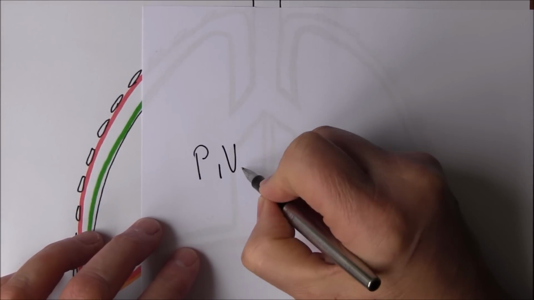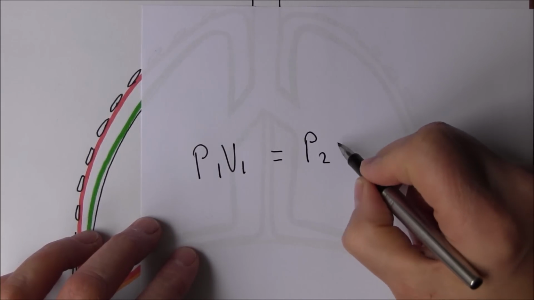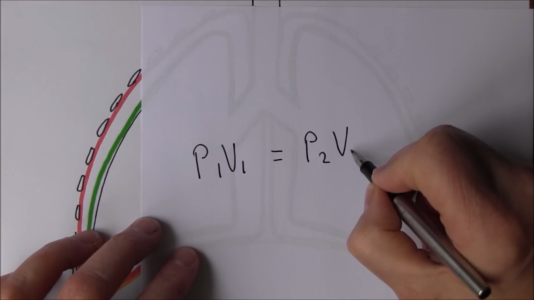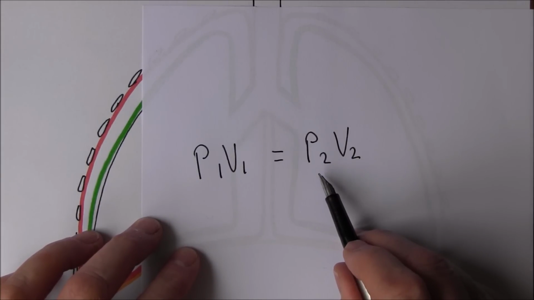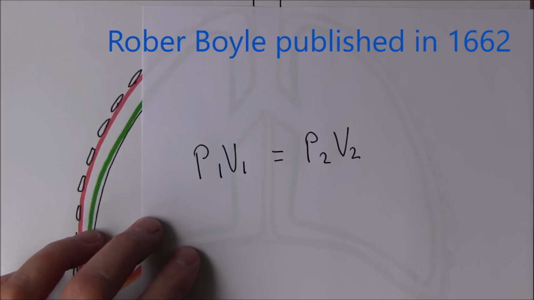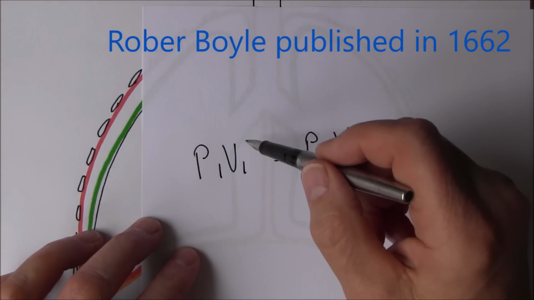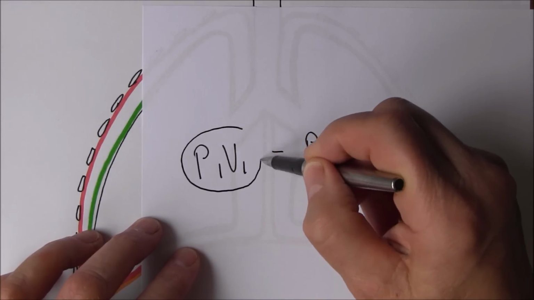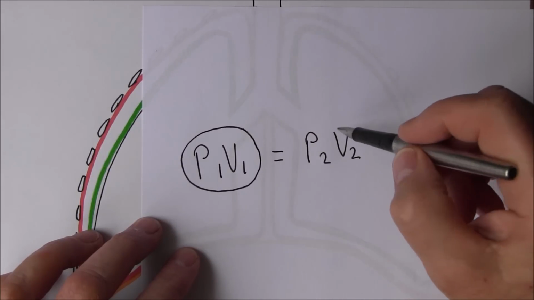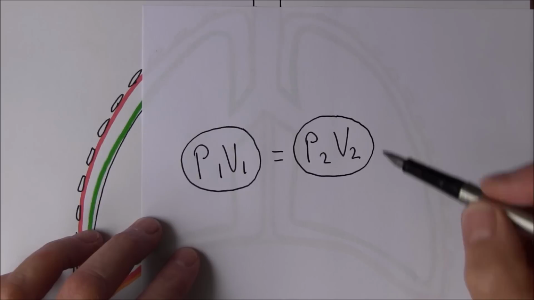P1 times V1 equals P2 multiplied by V2. So P1 V1 equals P2 V2. So what this means is, in a closed system, at the start of the activity, the pressure times the volume is going to be the same as the pressure times the volume at the end of a process.